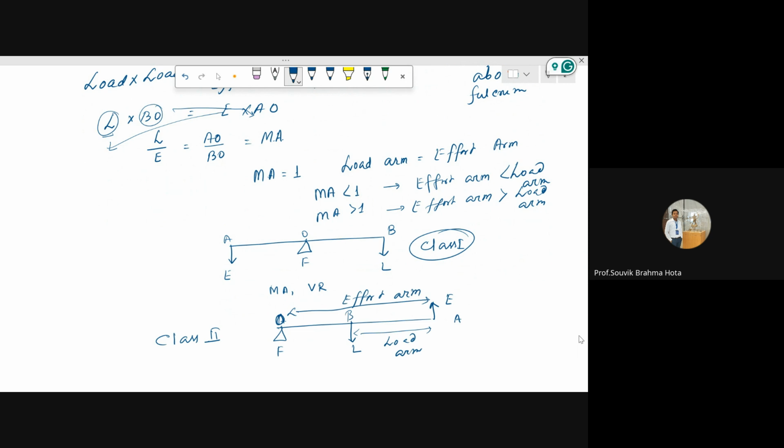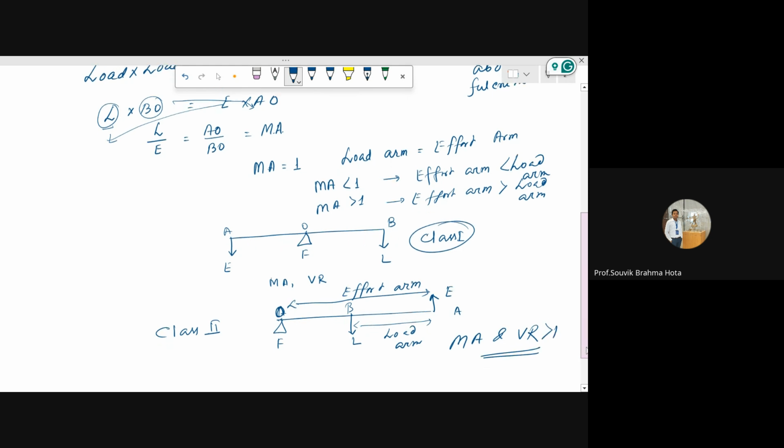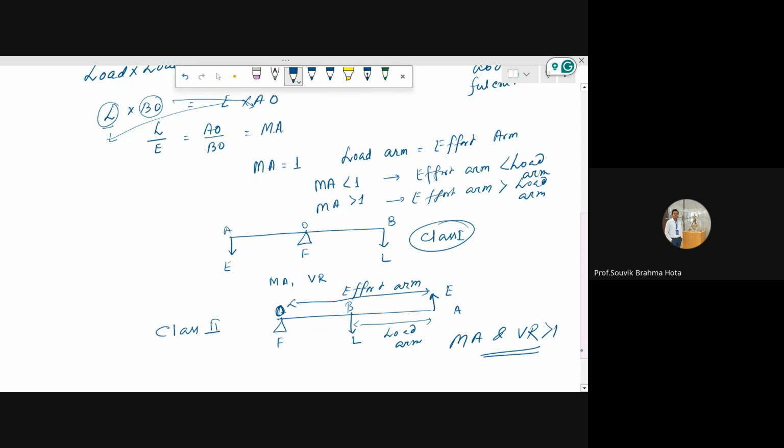And here what will happen generally in the second class, that means that class 2 lever always, MA, that is mechanical advantage, and VR, velocity ratio, is always more than 1 in this case. Class 2, it is always more than 1.